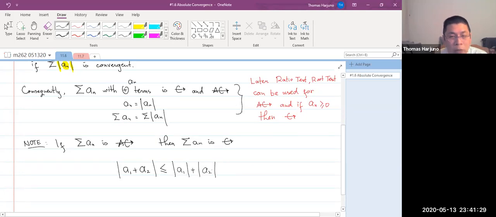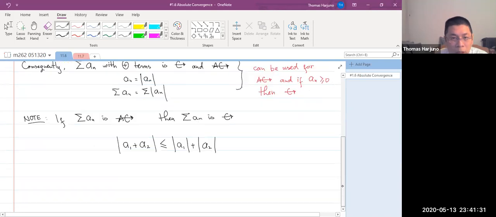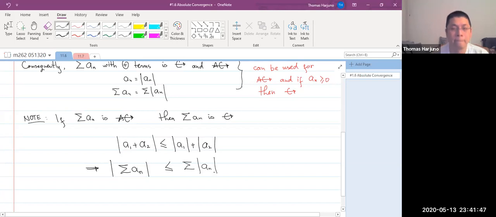And by induction, we can go forever: the absolute value of the series is less than or equal to the series of the absolute values.